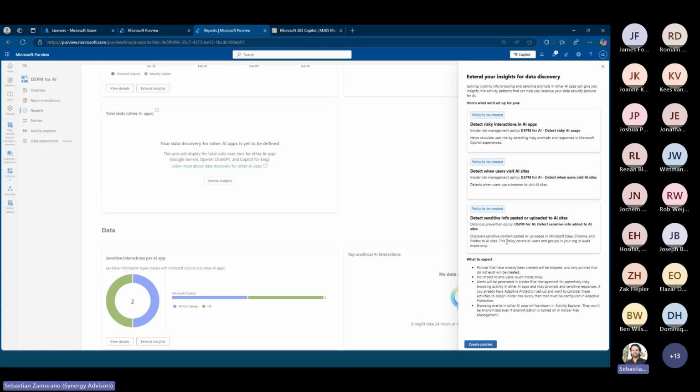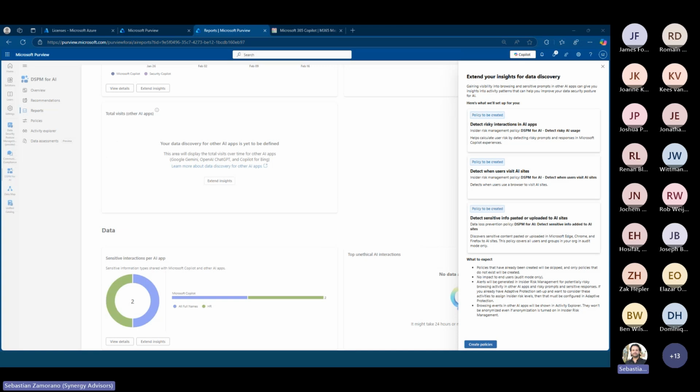If your customers or your organization are using, I don't know, Opera or other third-party browsers, you will not be able to get all that information, because the endpoint DLP add-in for the browser is embedded on Edge, but for Chrome, Firefox, and Safari, you need to install something.